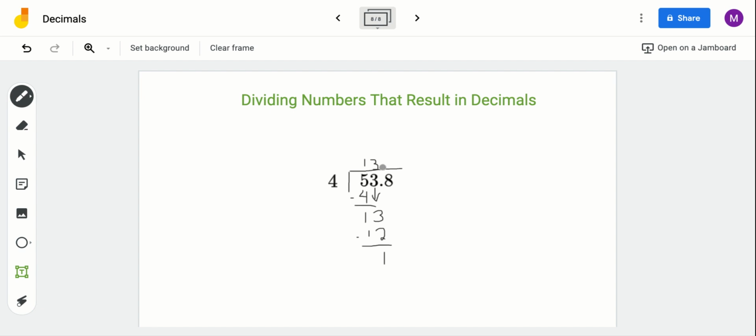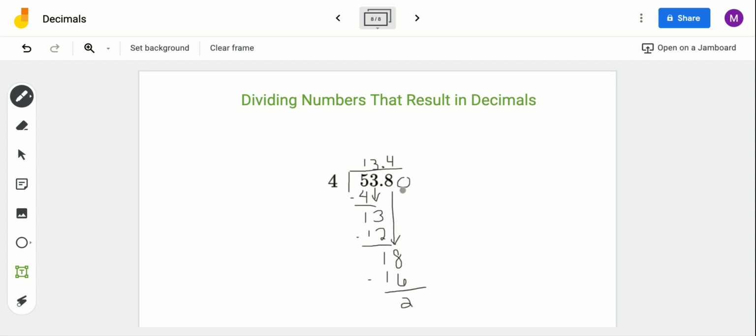So now I have my decimal point here, so I put that on top there, and I bring down my 8. So I can get 4 fours out of 18. That makes 16. I subtract. I end up with 2.